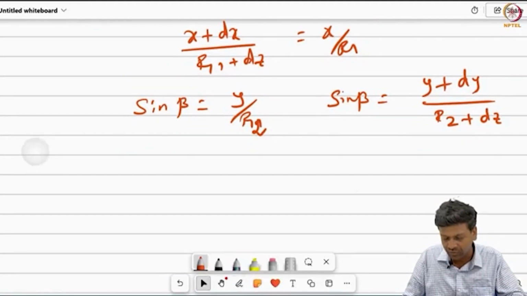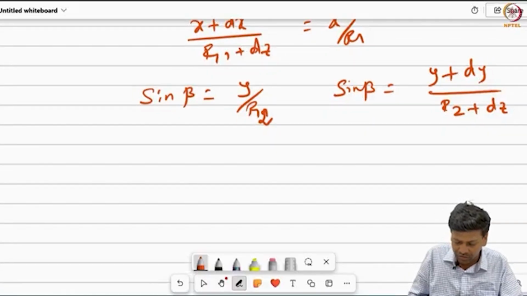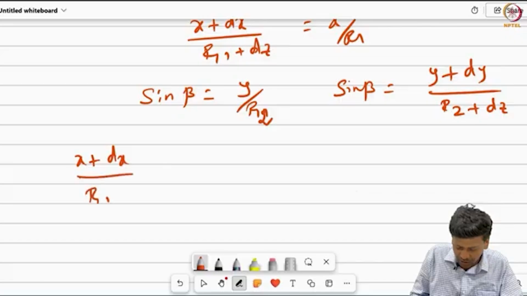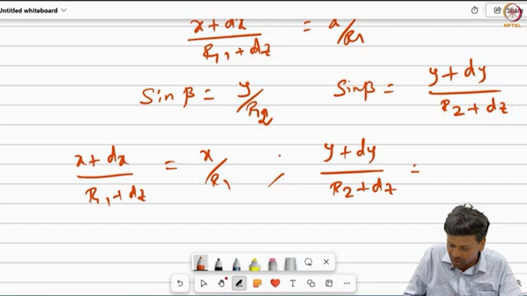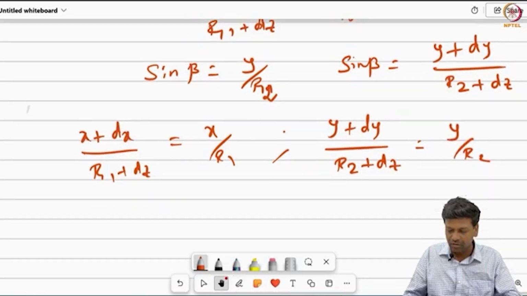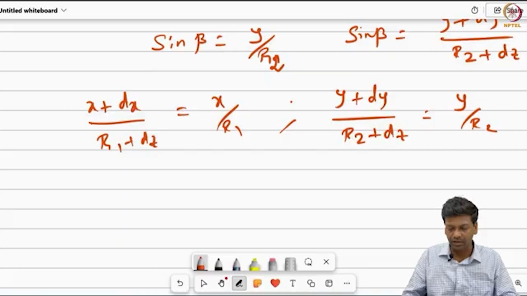Simply, what one would get is x plus dx divided by R1 plus dz equal to x by R1, and y plus dy divided by R2 plus dz equal to y by R2. This is the relation we obtained from these propositions.